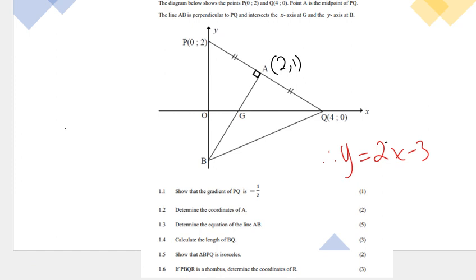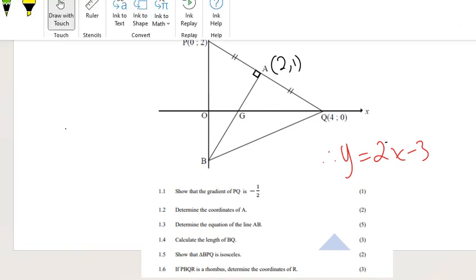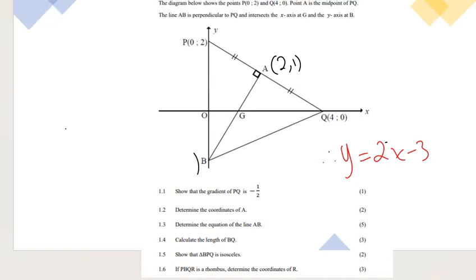Based on our equation, the coordinates of B are 0, negative 3. So calculate the length of BQ. Where is BQ? BQ, the length of BQ.